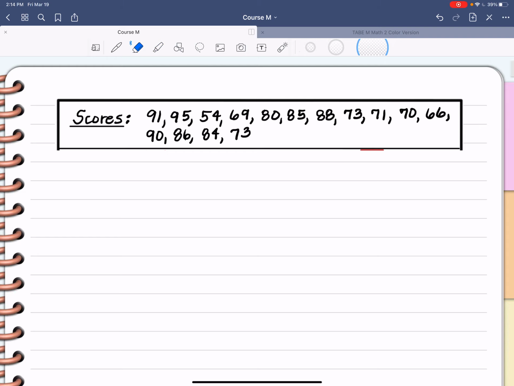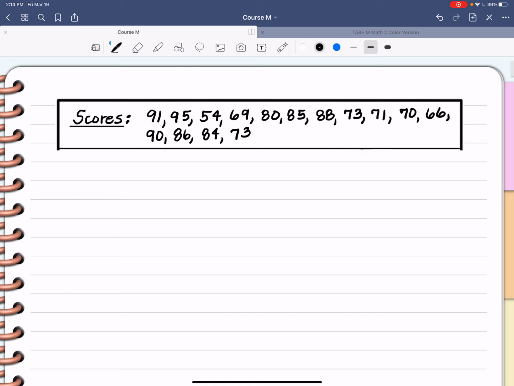And I got this off the internet. This is actually a list of scores from a college math class. They took their final exam, and these are the scores they got. So if you need to pause your video, go ahead and do that, and copy down the scores from this college math class.